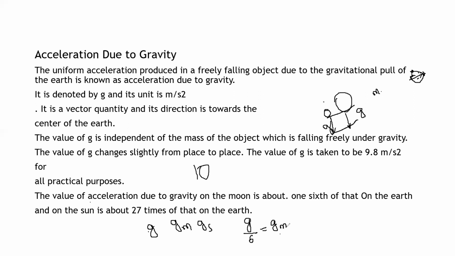And on the sun, the acceleration due to gravity is equal to 27 times the acceleration due to gravity on the earth. Means if it is 9.8 on the earth, then 9.8 divided by 6, the sixth part, is on the moon, but it is 27 times on the sun.